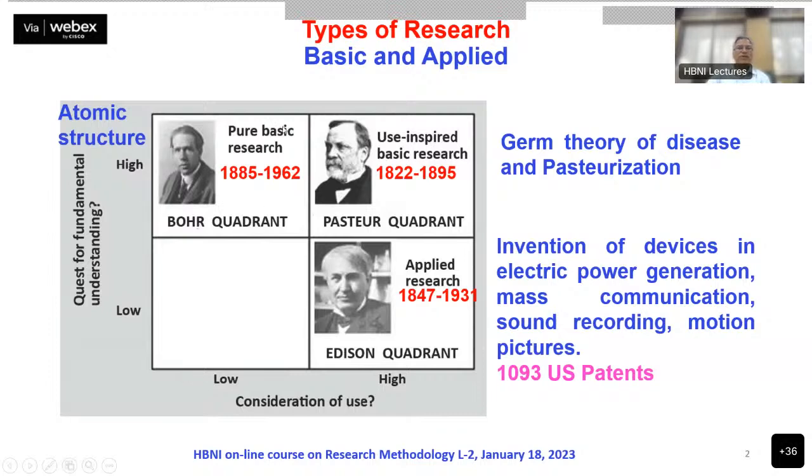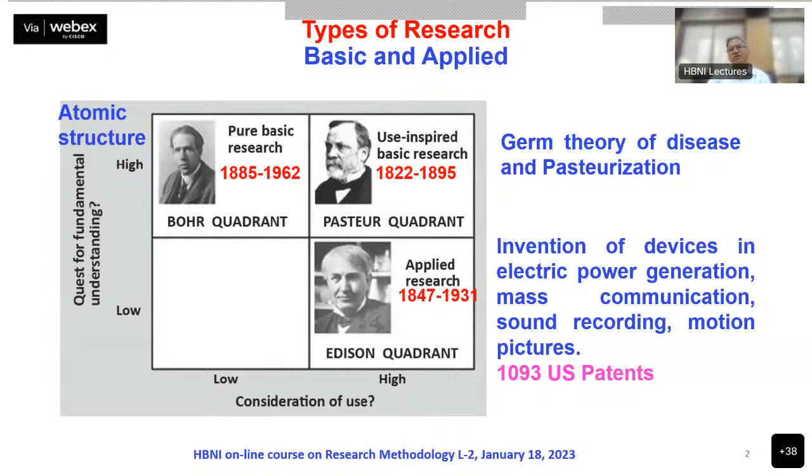For example, the Bohr's quadrant, top left, refers to Niels Bohr's theory of atomic structure, wherein he proposed the model for the structure of the atom with the nucleus in the center and the electrons orbiting the nucleus in spherical, circular paths, stationary orbits. So that is pure fundamental research.